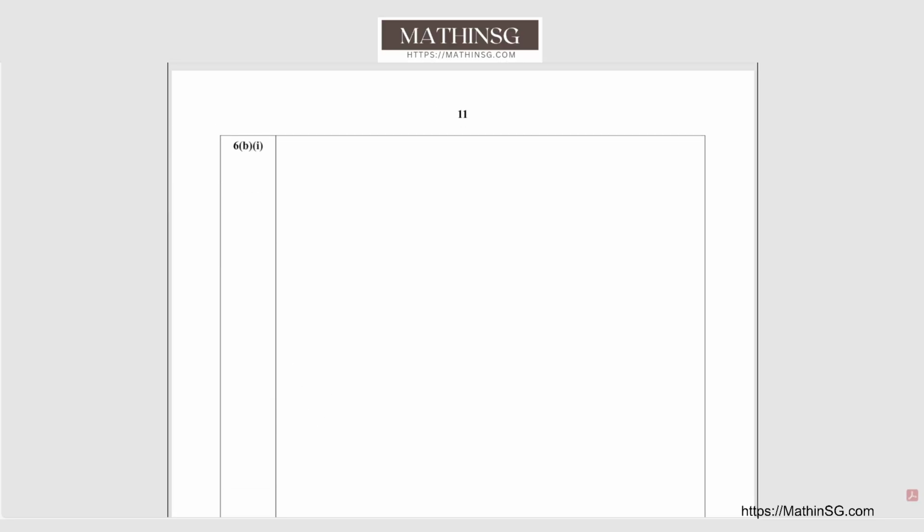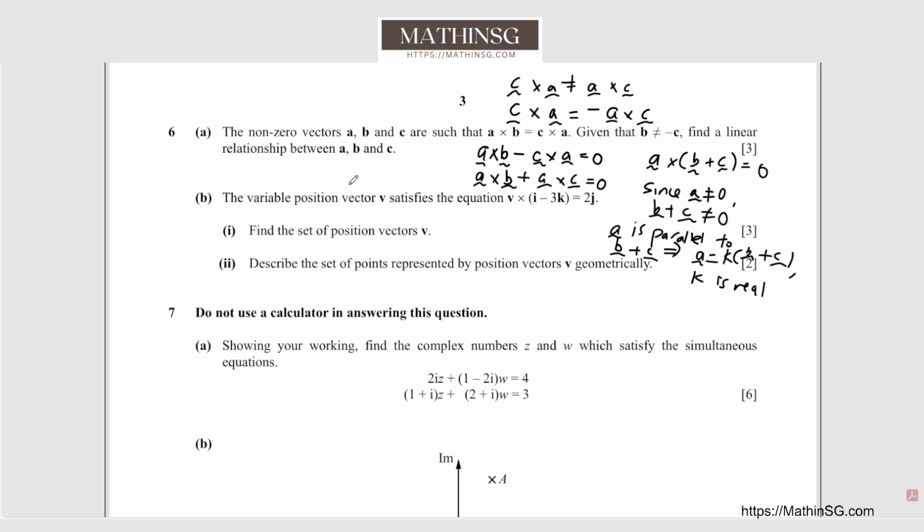Now let's move on to part b, part 1. Next we are told that the variable position vector v satisfies this equation: v cross (i minus 3k) equals 2j. Then they ask us to find the set of position vectors v. What should we do for this?